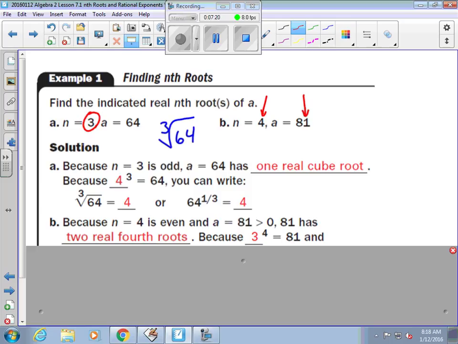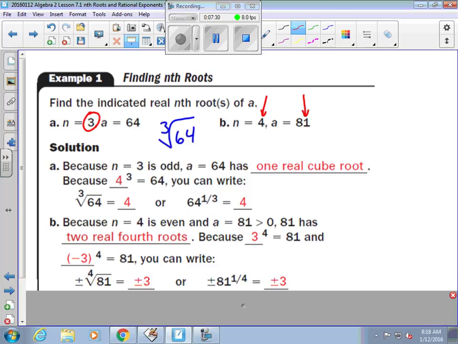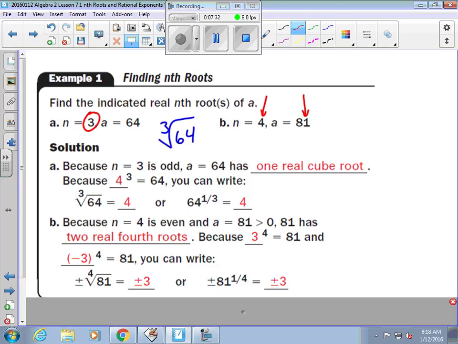Because 3 raised to the fourth power is equal to 81, and negative 3 raised to the fourth power is equal to 81, you could write it as both positive and negative: the fourth root of 81 is both positive and negative 3, or positive and negative 81 to the 1/4 power, which is both positive and negative 3.